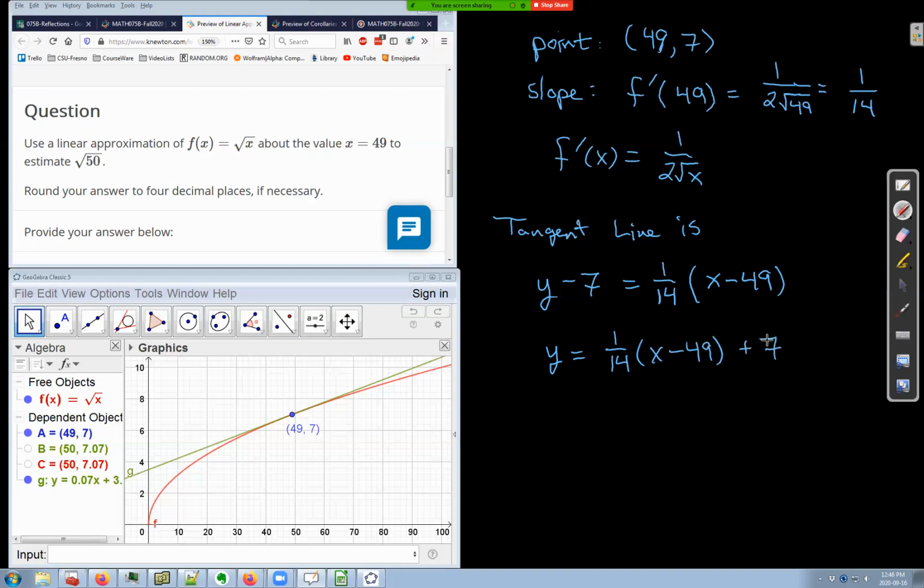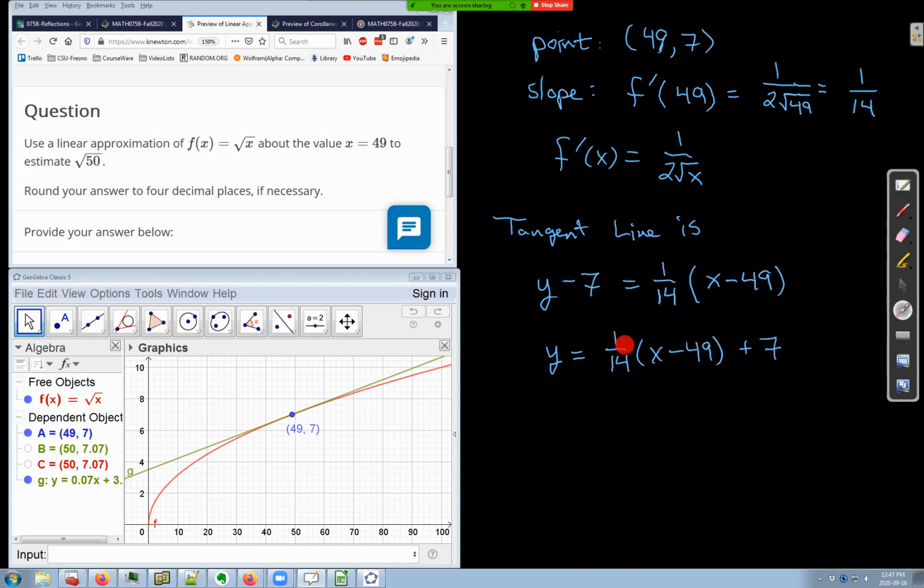And actually, if you stare at this, remember the formula that I erased at the beginning of the video? This is it. If you plug a equals 49 into that formula that I erased, you'll get exactly this.